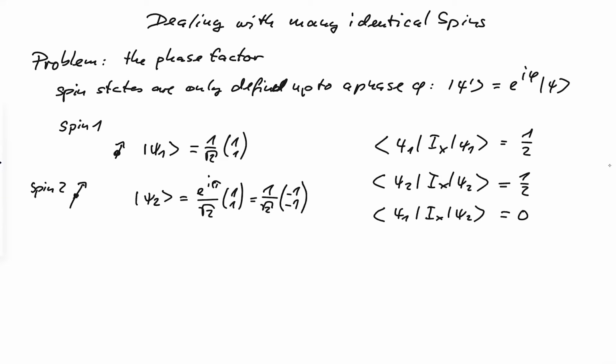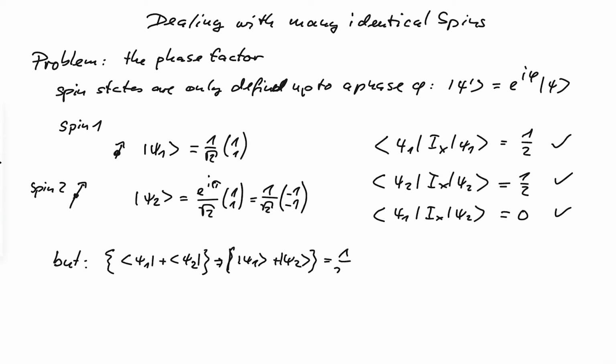So everything seems fine. But now if we want to add up the two spins, we would like to add up the wave functions. And then we have a problem. Because when we add up psi1 plus psi2, which is equivalent to adding up psi1 plus psi2 in the ket form, then this is simply 1 over square root of 2 (1, 1) plus 1 over square root of 2 (minus 1, minus 1).